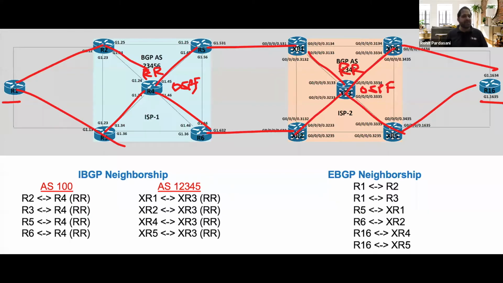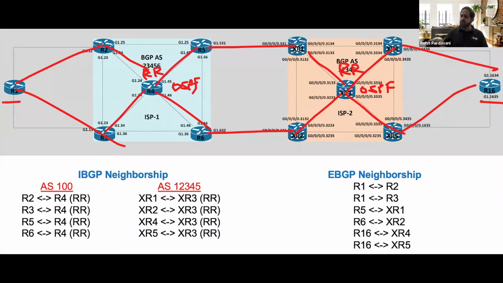I don't really have IGP running on that WAN link, so it's kind of skipped, but it also compares the oldest neighbor. But basically what's going to happen is router 1 is going to select router 2 based on router ID, because R2 has a lower router ID than R3.